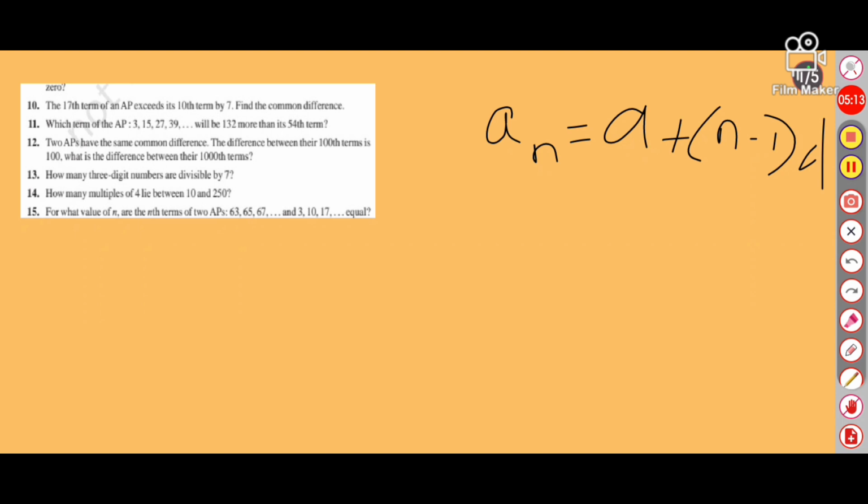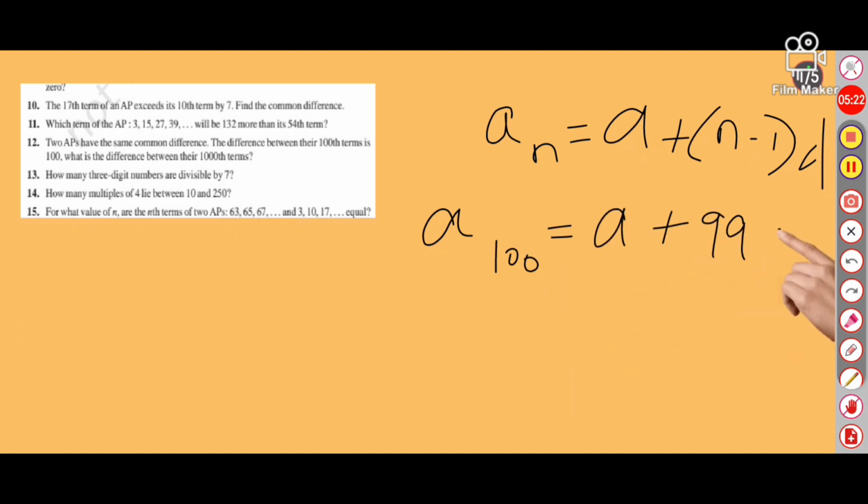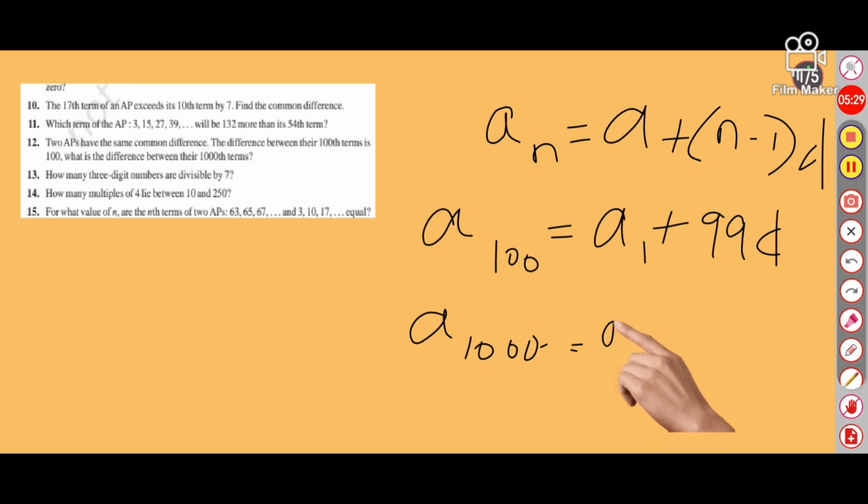For the 100th term, the logic is a plus 99d. Similarly for the 1000th term, let it be a1, because we don't know the actual number value, and a2 plus 999d. So from the question, two APs have the same common difference, and I am just naming the starting values a1 and a2.